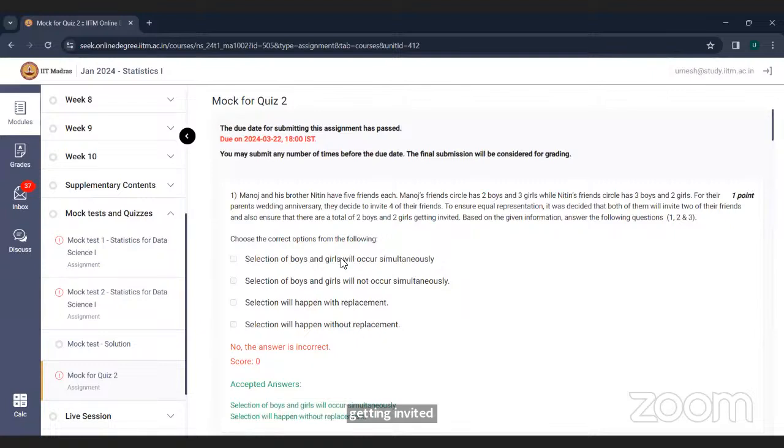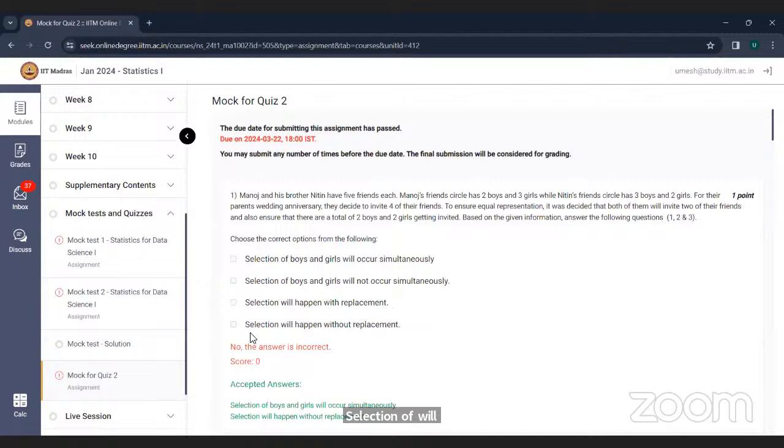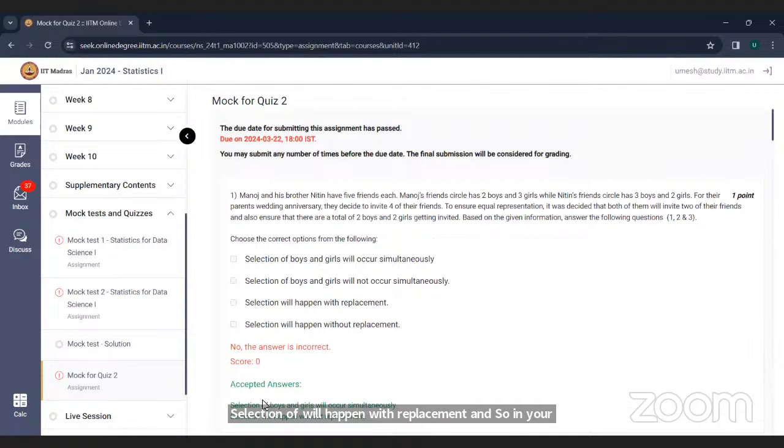What is the first question? The selection of boys and girls will occur simultaneously, and the selection of boys and girls will occur not simultaneously. Selection will happen with replacement.